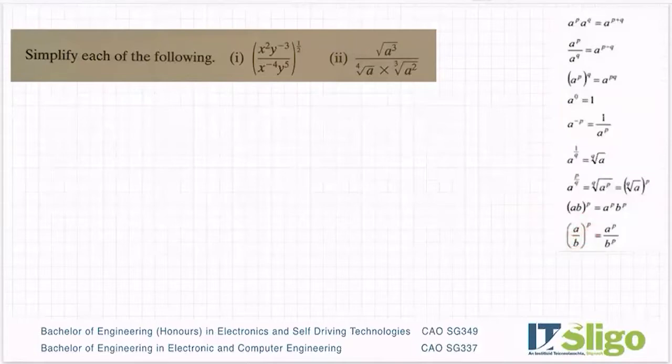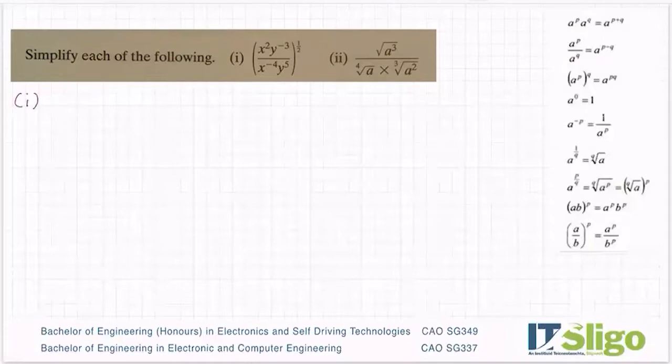Okay, and we did a couple of examples of them in the last class. Or you could resolve the inside first, which is the division, simplify that and then do the power of a half afterwards. Okay, so I think the last one I did in the last class was where we did the inside first. So I'm going to do another example of the inside first with this one.